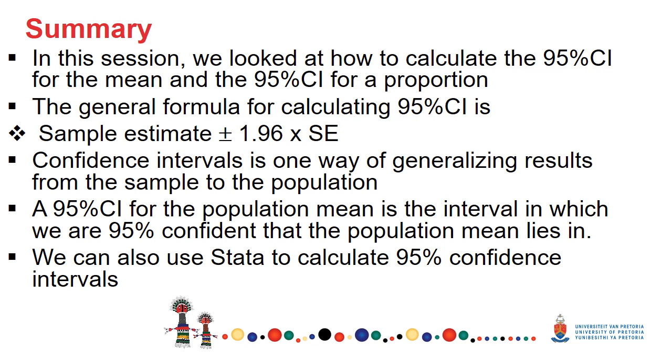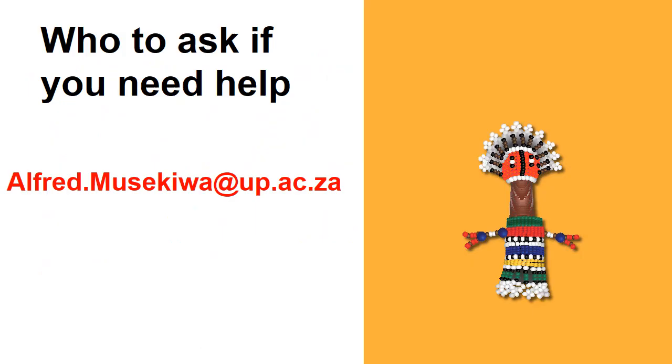Confidence intervals are one way of generalizing results from the sample to the population. A 95% confidence interval for the population mean is the interval in which we are 95% confident that the population mean lies. We can also use theta to calculate 95% confidence intervals.